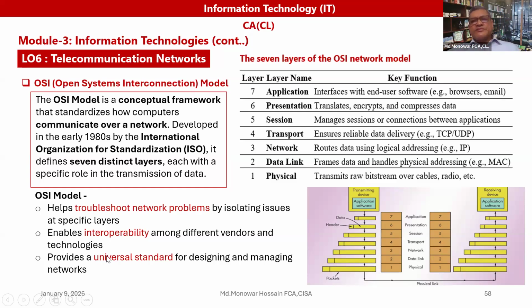The physical layer transmits raw data over cable or radio. The data link layer handles data frames, and the network layer uses logical addresses. Transport is TCP and UDP, that means data delivery. The session layer manages the session or connection between applications, and the presentation layer translates, encrypts, and compresses the data. The application layer is the interface with the end user software, etc.